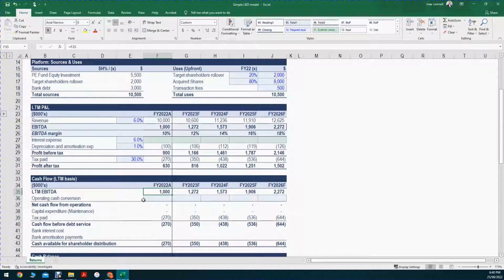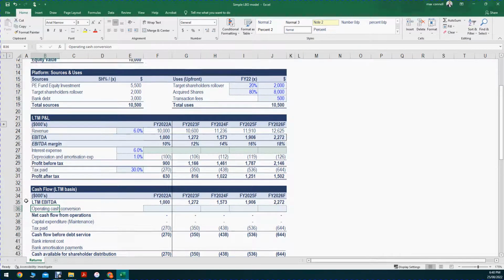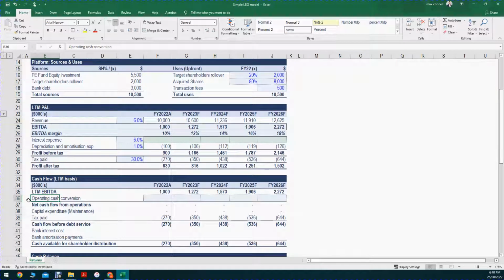Now, net working capital, you can put it as its own line and call it change in net working capital, or you can just call it something like this, operating cash conversion, which is another simplified way of just saying, after the change in net working capital, what is the percentage of EBITDA that equals your operating cash flow? Operating cash flow is basically your EBITDA less your net working capital movements.